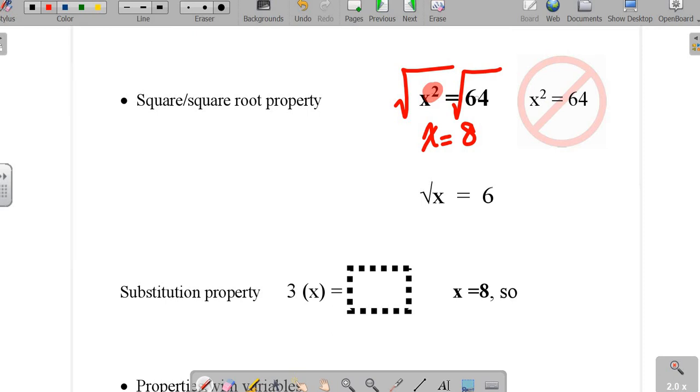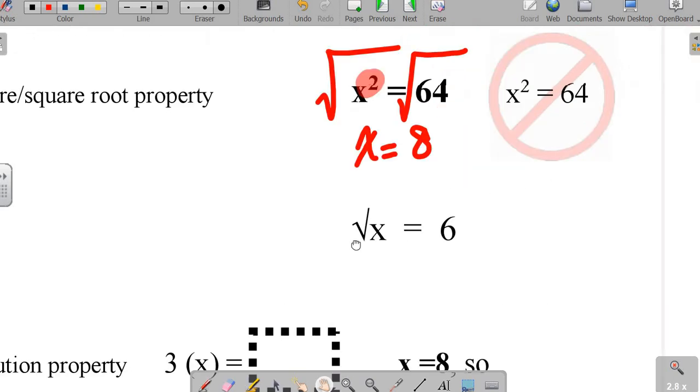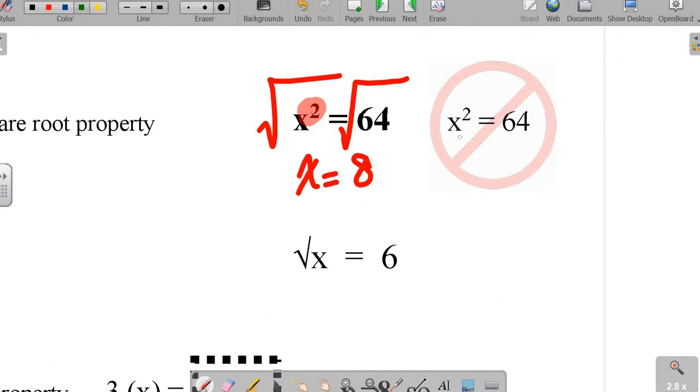Warning. In the don't do this, watch very carefully. The opposite of squaring is not dividing by 2. And we would end up with x equals 32 there. What I just did in that don't do this symbol is incorrect, because that right there is not a 2. It means times by itself.